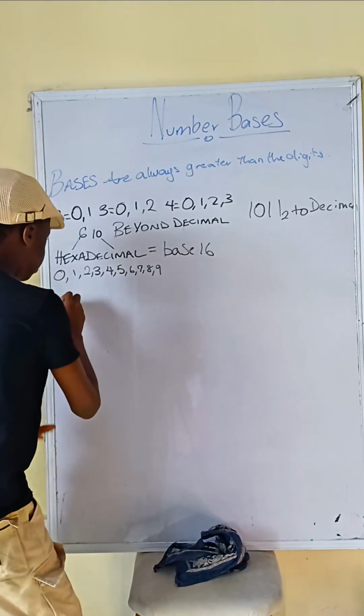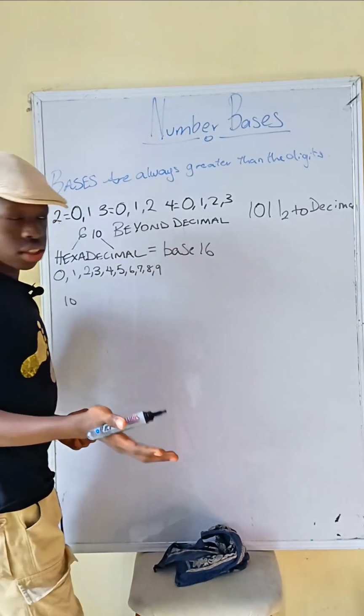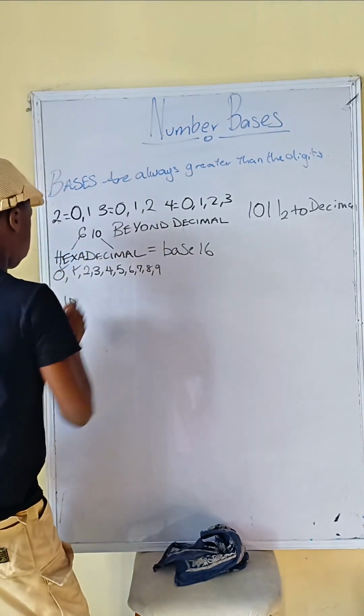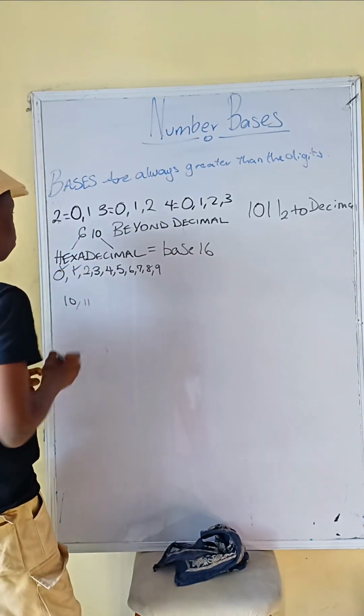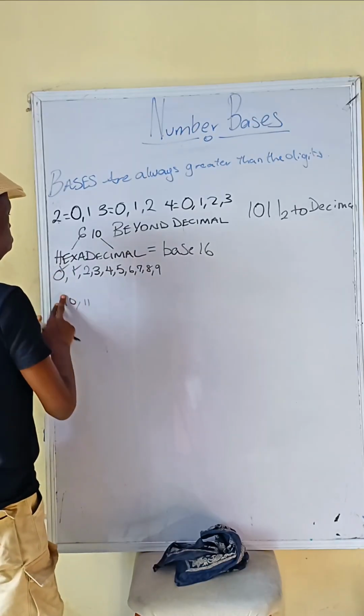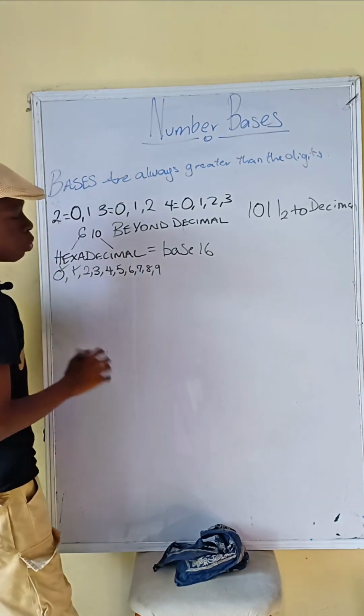We can't write 10 because 10 is a combination of 0 and 1. We can't write 11 either because of the combination of 2 1s. So what do we write?